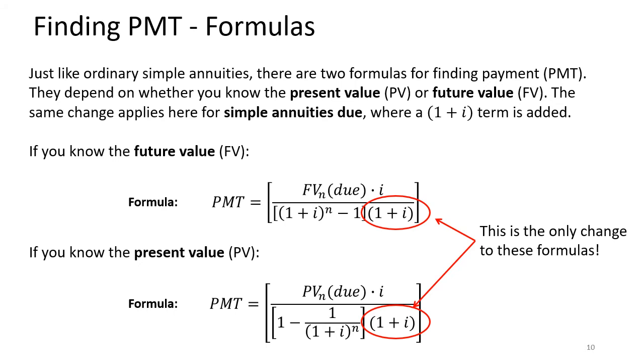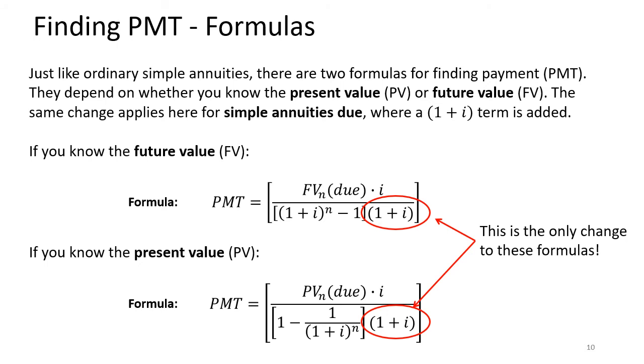So in both cases, it's in the denominator. And that's because when you rearrange this formula, you end up having to divide, and that's why this additional term sits in the denominator. But all you need to know is that if it's an annuity due, you just have to include this 1 plus I term.